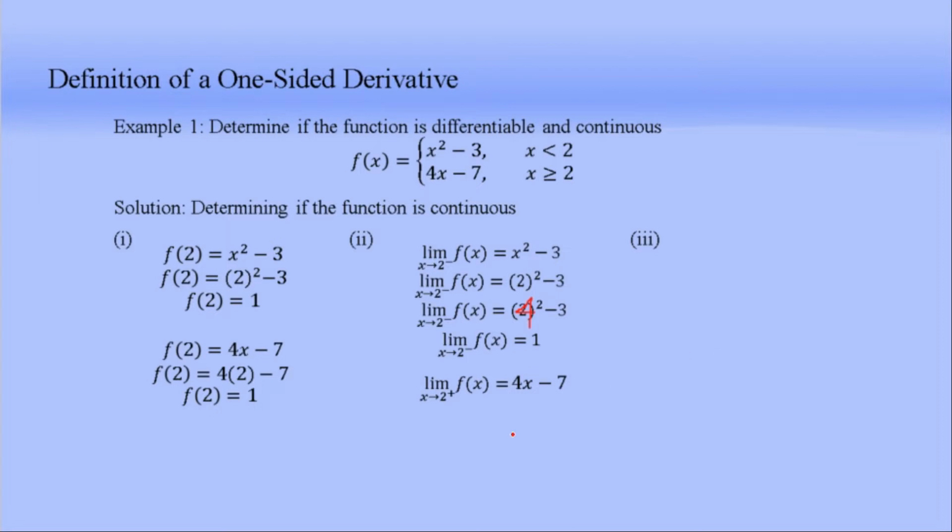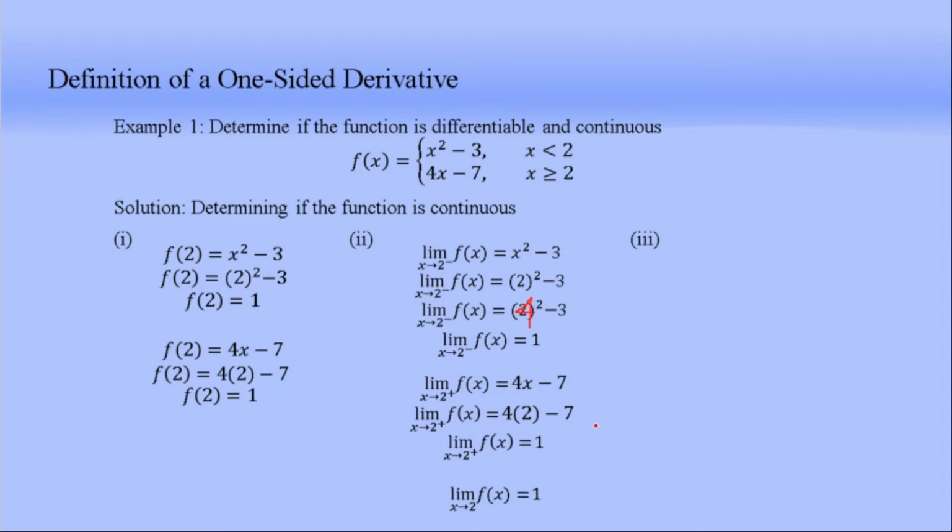Now from the right, we're going to use the second function as the condition states that x is greater than or equal to 2. So substitute x with 2, so 4 times 2 is 8 minus 7, that would be 1. So the limit of f of x as x approaches 2 from the right is 1.